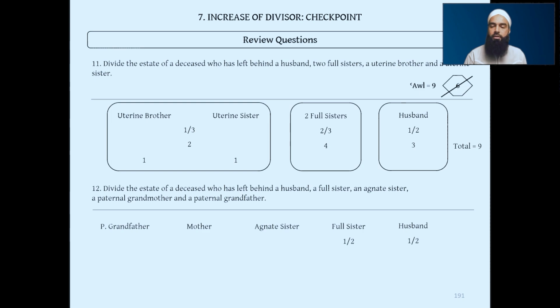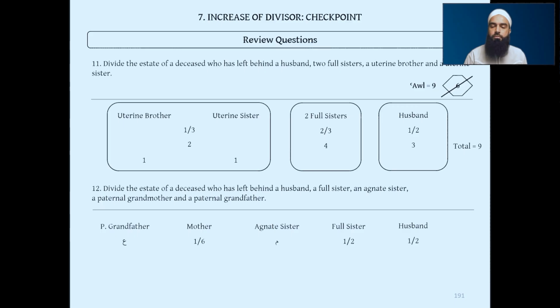The mother, because there are 2 siblings, the agnate sister as well as the full sister, though the agnate sister is blocked, she will still decrease the share of the mother, so the mother will get 1/6 now, and the paternal grandfather will become the agnatic shareholder.